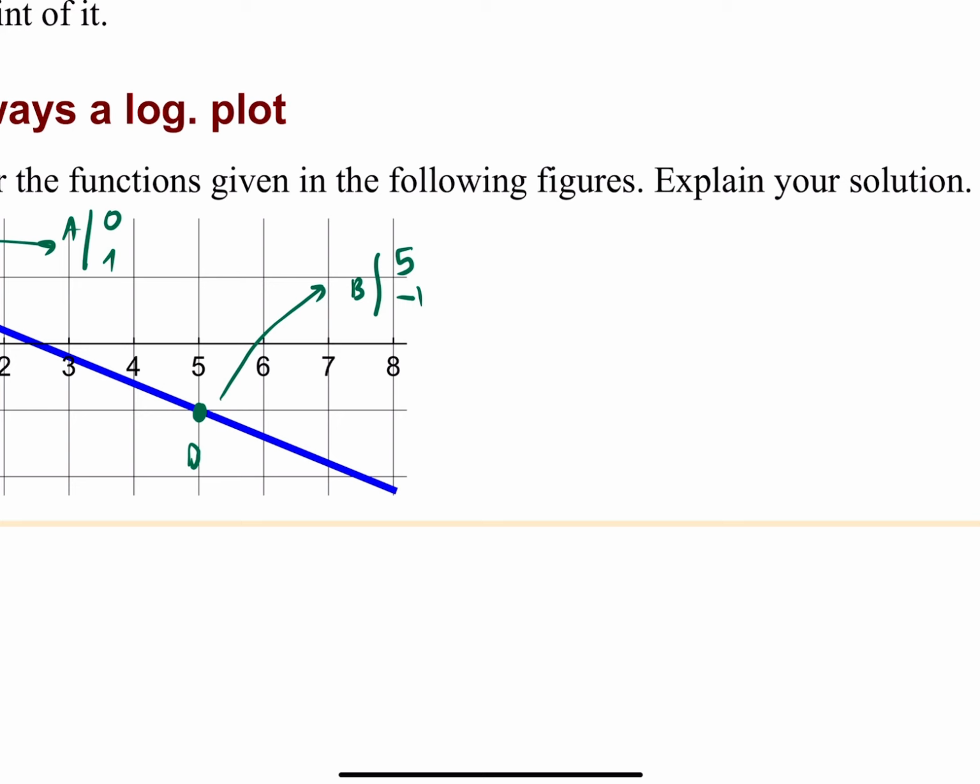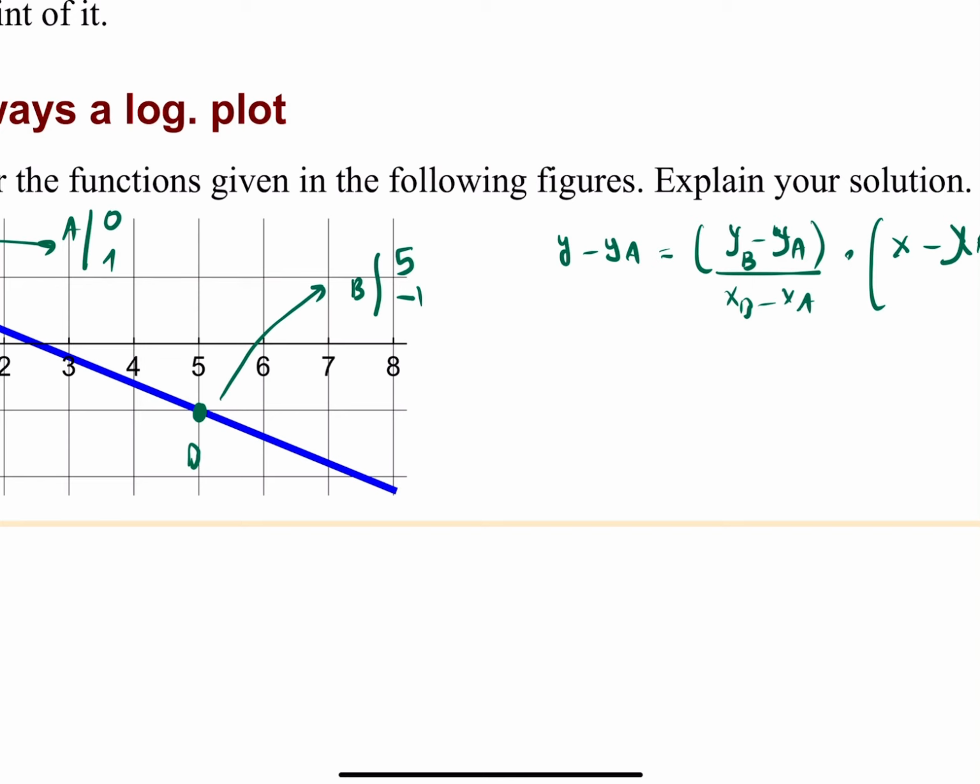Now I can write a big formula: y minus yA divided by y minus yB minus yA, divided by xB minus xA, multiplied by x minus xA.